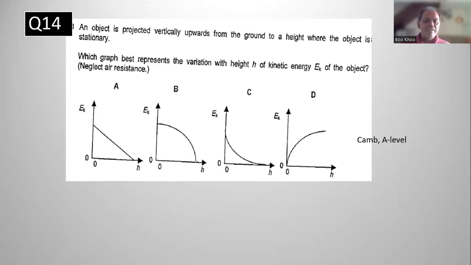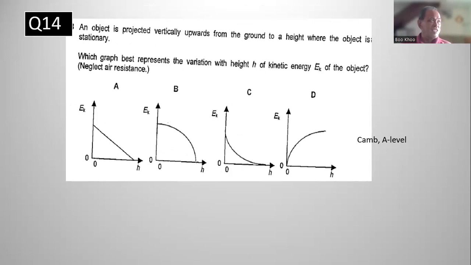Okay, we'll go at this one. An object is projected vertically upwards from the ground to a height where the object is stationary. Each graph represents the variation with height of the kinetic energy of the object, ignoring air resistance. So it's very simple.